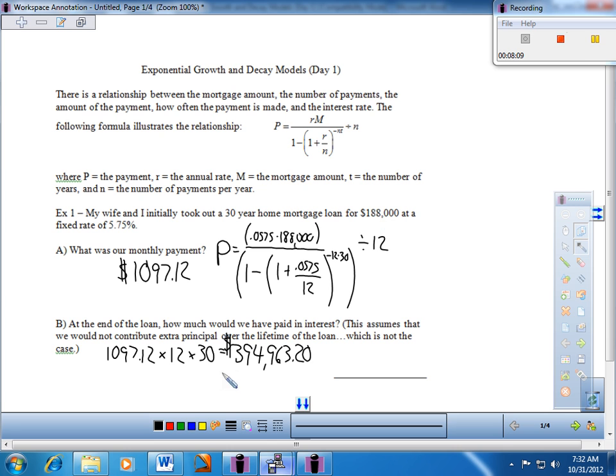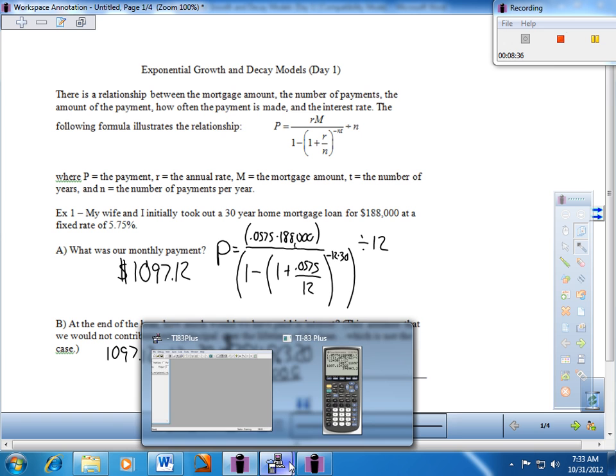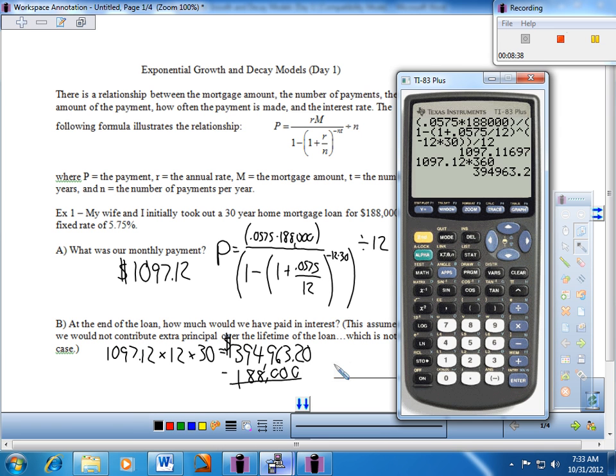So if you think about this, if I subtract away the $188,000, how much did the bank make on our loan there? Well, as you can see, quite a bit. So let's go ahead and subtract the 188,000, and look at that. So the bank only loaned us $188,000, but made a profit of about $207,000 as a result.